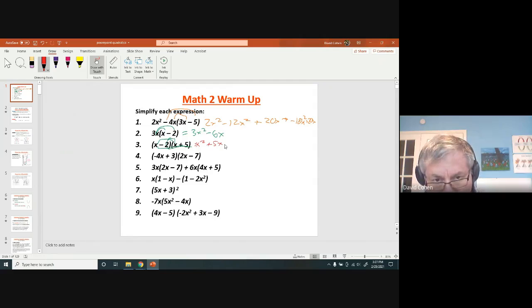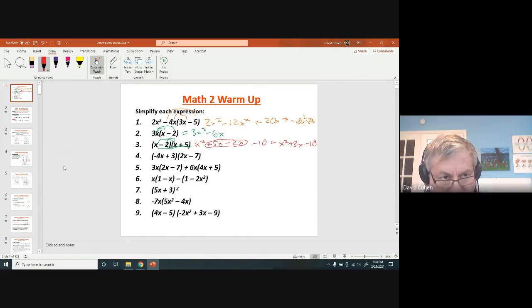That's going to be negative 2x. We'll combine these in a minute. And negative 2 times positive 5 is negative 10. So our final answer there for complete simplification, this will be considered standard form of a parabola, is x squared plus 3x minus 10.